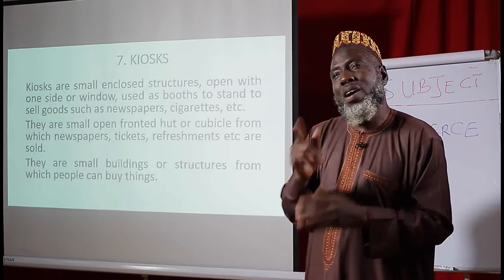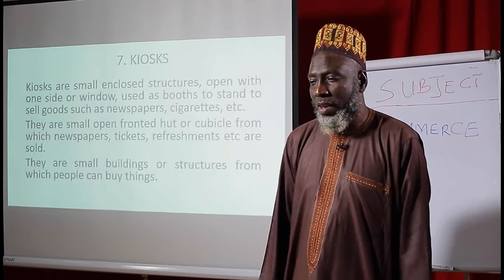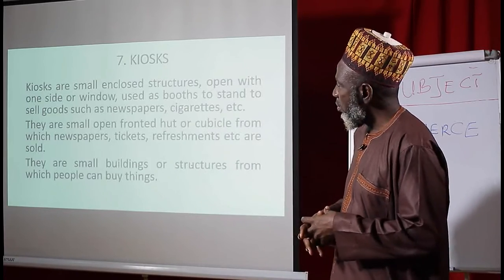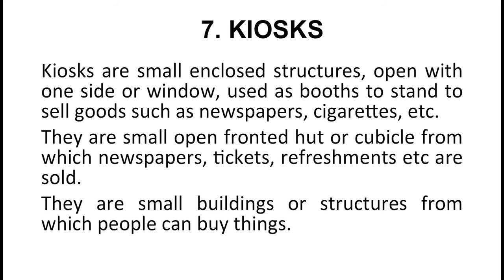The last one we have, as far as small-scale retailing is concerned, is known as kiosks. Kiosks are small enclosed structures, open with one side or window, used as booths to stand to sell goods, such as newspapers, cigarettes, etc. They are also small huts from which newspapers, tickets, refreshments, etc. are sold.